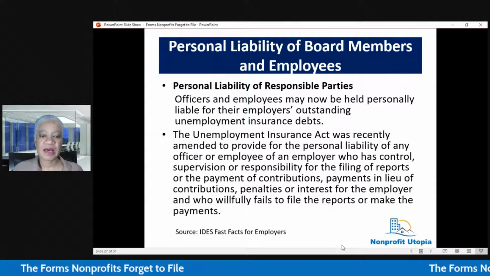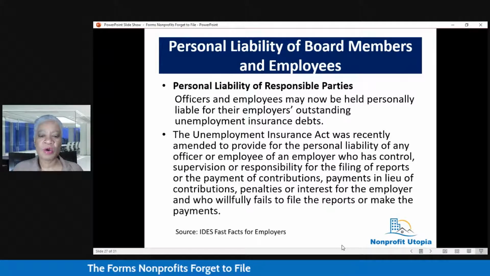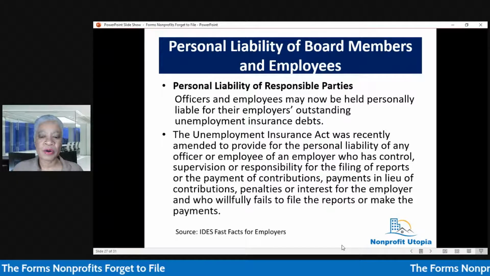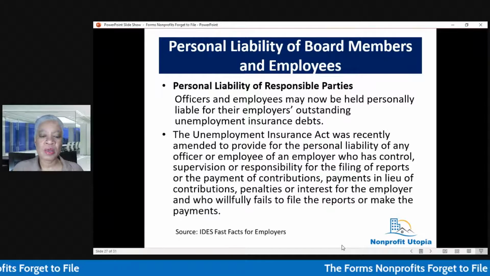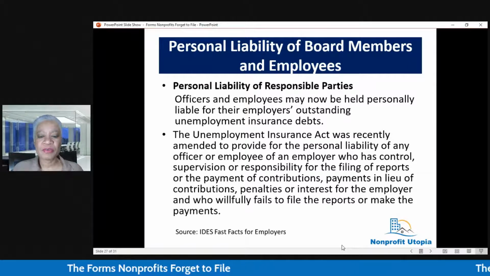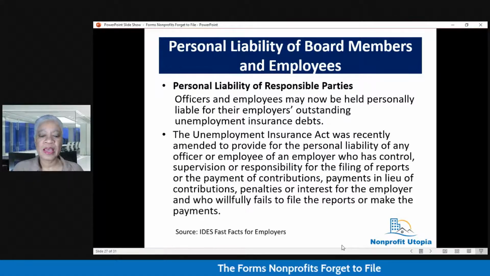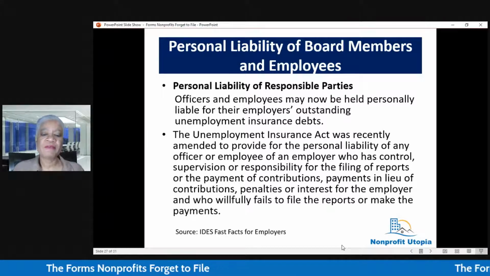All right, so the Unemployment Insurance Act was recently amended to provide for the personal liability of any officer or employee of an employer who has control, supervision, or responsibility for filing of reports or the payment of contributions, payment in lieu of contributions, penalties or interest for the employer, and who willfully, so you know what you're doing, right?